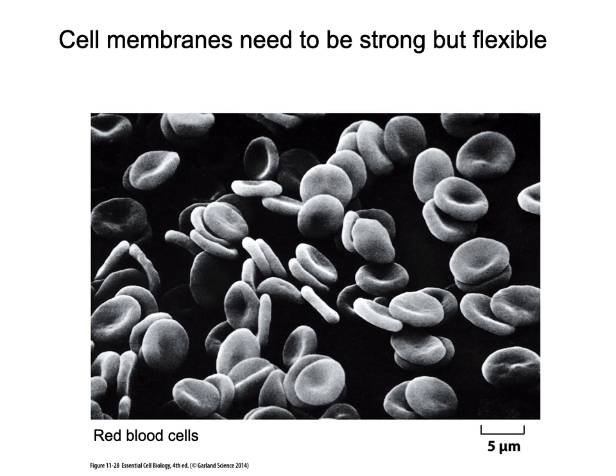So we need the cell membranes to be strong, right, so that we have this definition between the outside and the inside, and the biochemical reactions that need to happen inside the cell stay there, right? But we also need them to be flexible, right? So if we think back to chapter 4, when there was the video about sickle cell, those cells are not flexible, right?